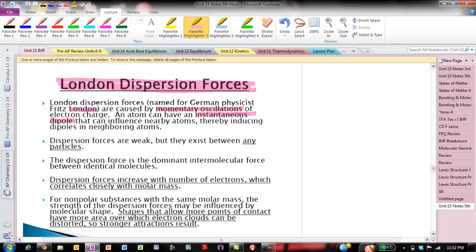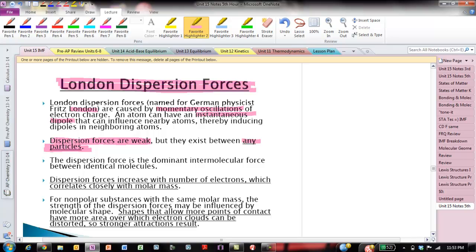And so what's really key here is that these are weak because they happen because you have a slight overload and they're instantaneous and they go away. But the key is any particle at all can exhibit these. Everything has London dispersion forces because everything can accidentally have all the electrons on one side or a little bit of an overload of electrons.